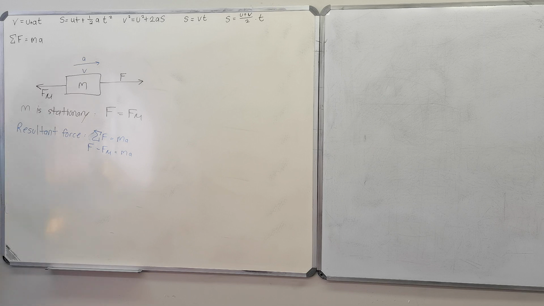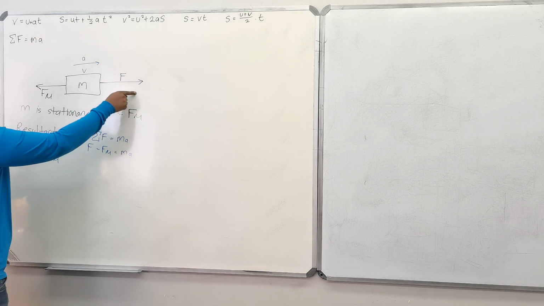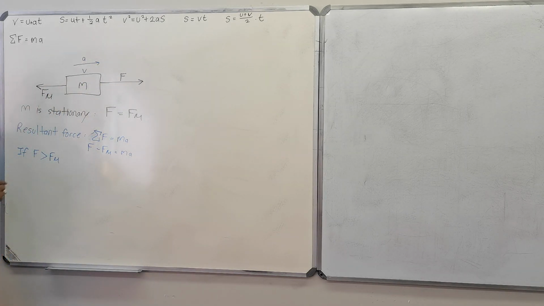Then they tell you that if F is greater than the frictional force, where will the block move? It will move that way because your applied force is greater than the force that's opposing it.